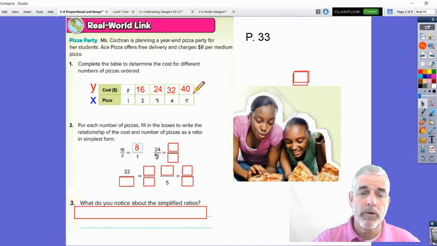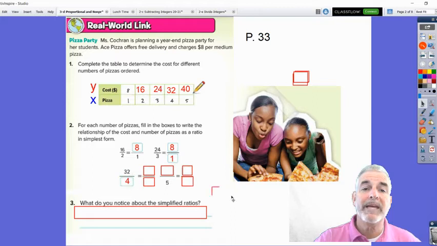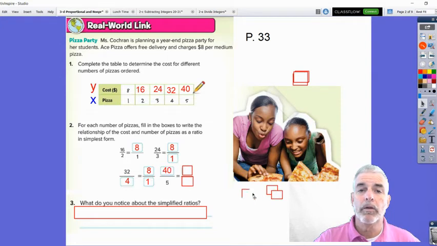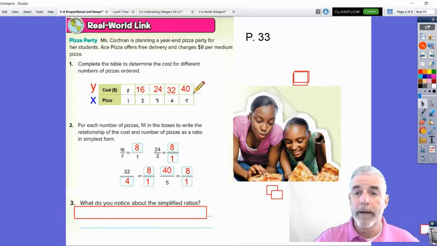Three pizzas and $24, each of these is divisible by 3, and you get 8 over 1. $32 was for four pizzas, and if both of these are divided by 4, you get 8 over 1. And lo and behold, the last one, the 5 pizzas for $40, also simplifies to 8 over 1.